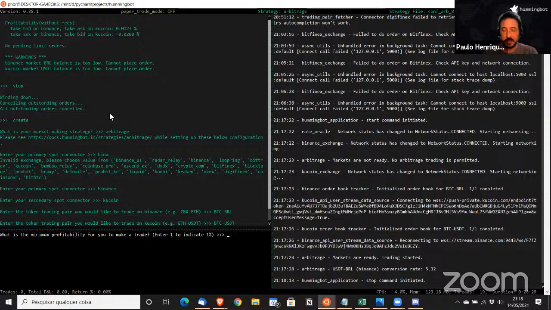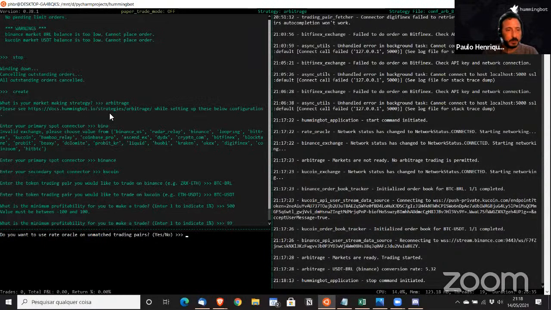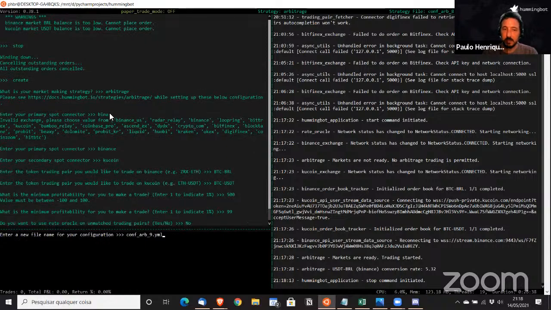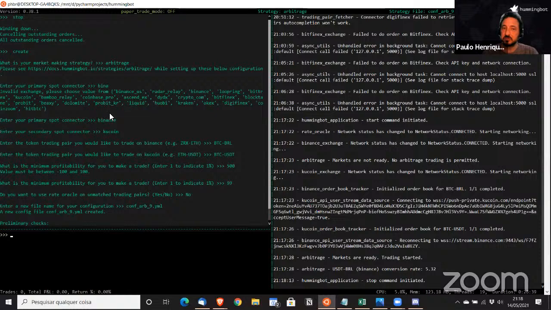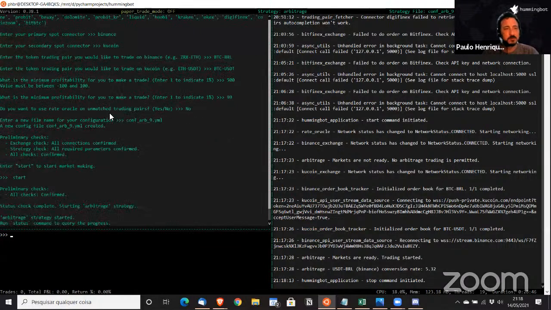Let's set this really high because I don't actually want to trade. Okay, 99. So I don't want to use the rate oracle here. So I'm using two different pairs with two different quote currencies. Let's hit start to see what happens.